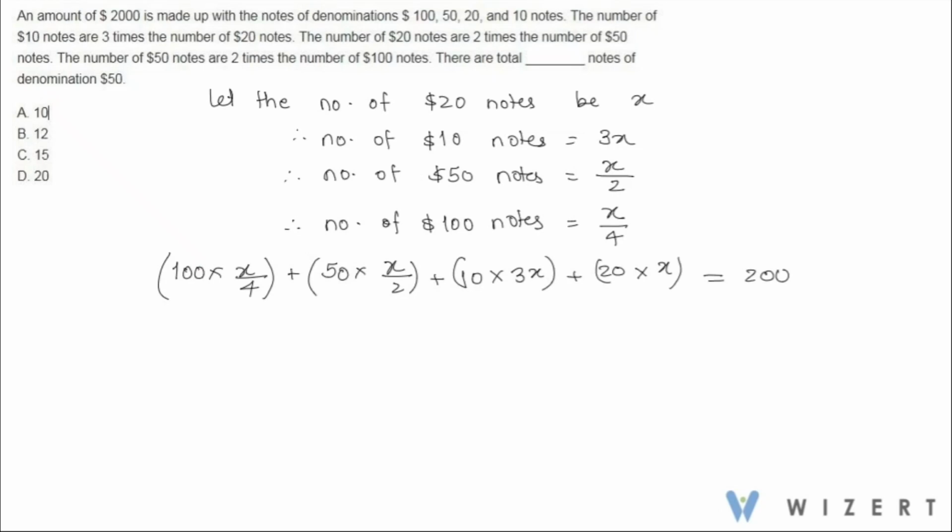This is 4 to the 8, and 4 5s are 20. So we have 25x plus 25x again here, plus this is 30x, this is 20x equal to $2,000.